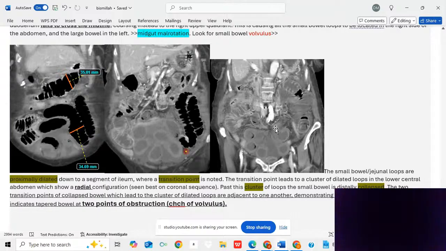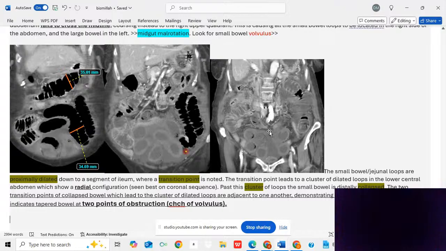This means that the first transition point is noted. The first transition point leads to a cluster of dilated bowel loops in the lower central abdomen, which show a radial configuration and are seen best on the coronal.